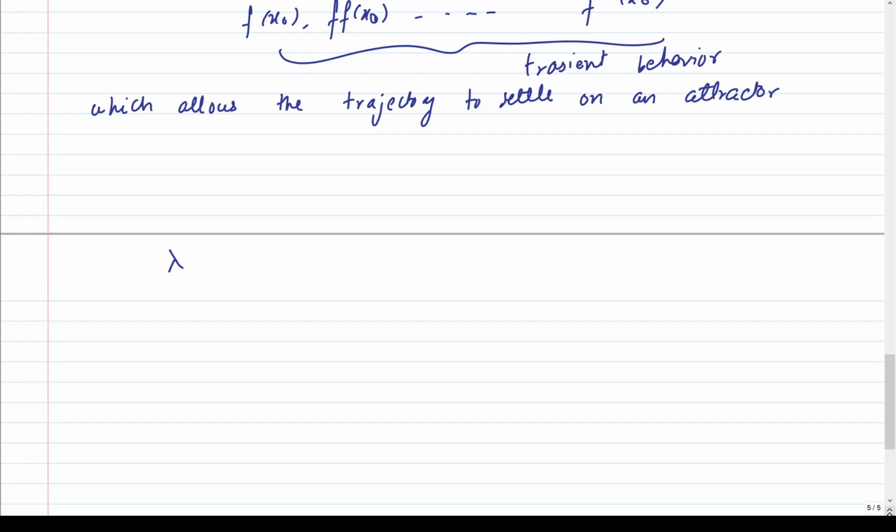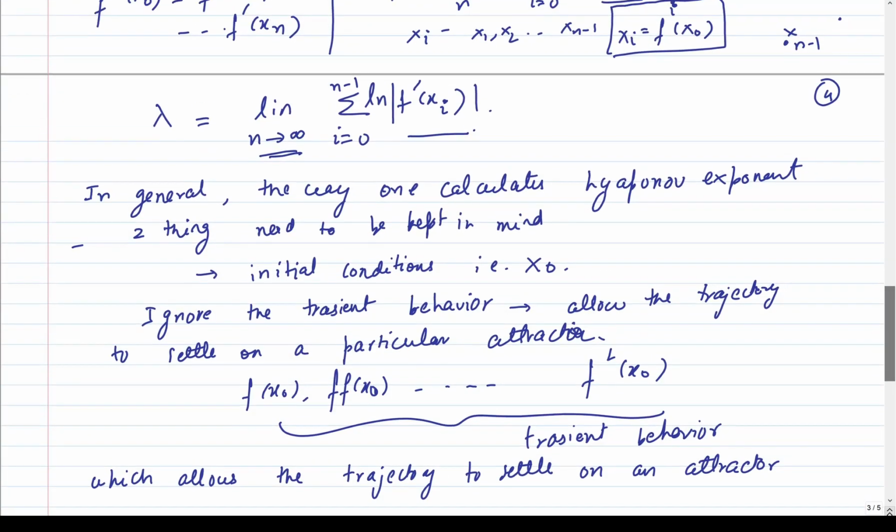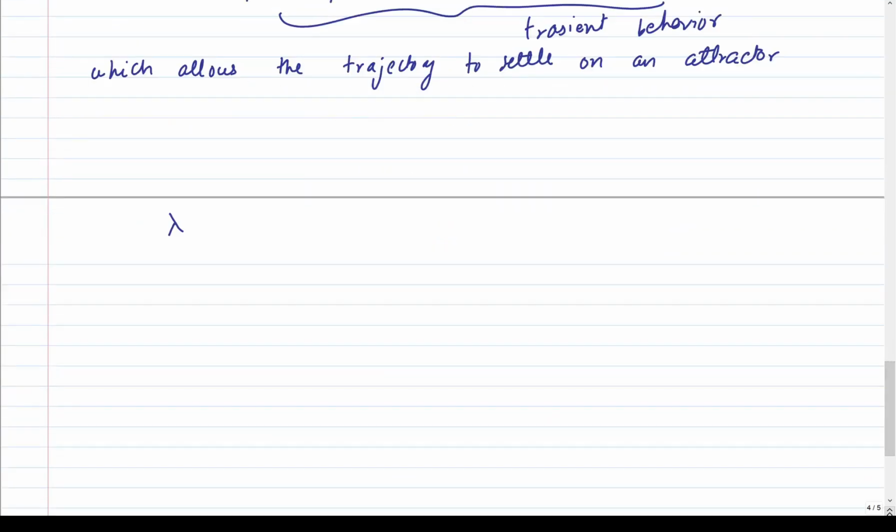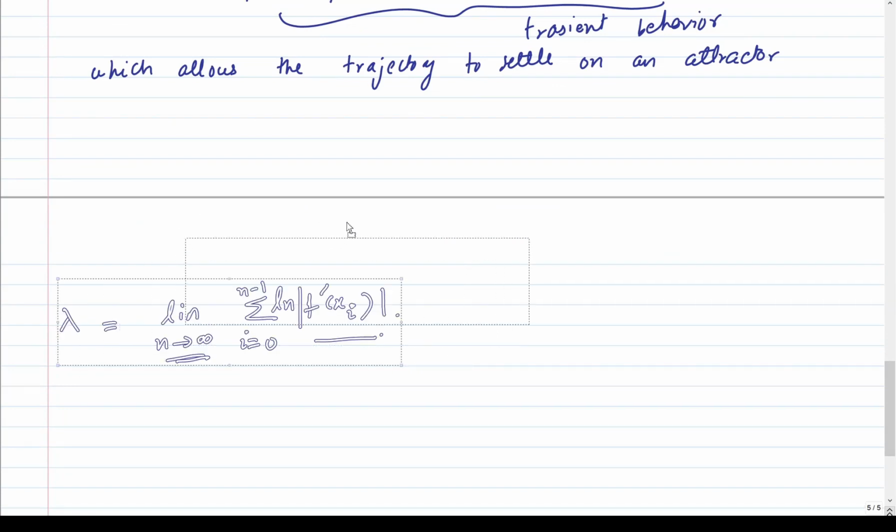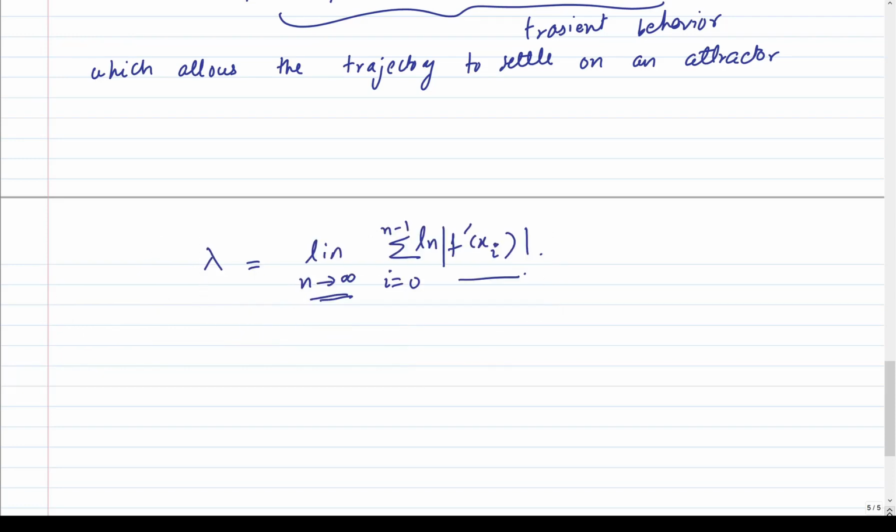So lambda was this guy, and for chaotic systems, lambda is greater than 0.